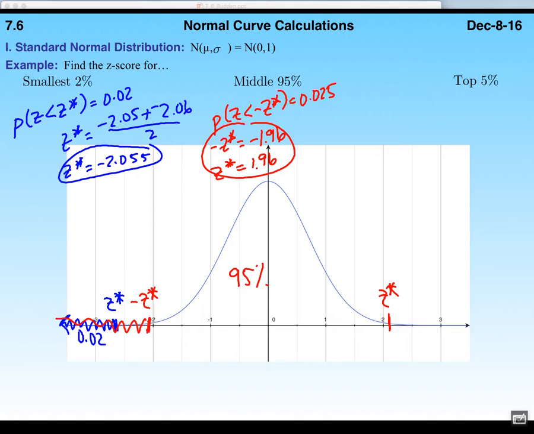Okay, top 5%. If I mark this on my figure, is it going to be to the left of z star or to the right of z star? To the right.